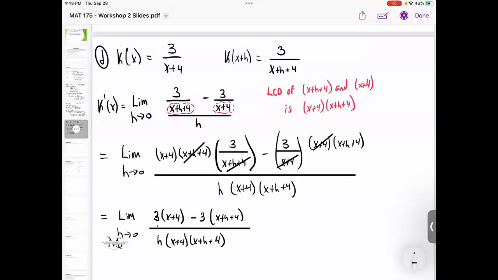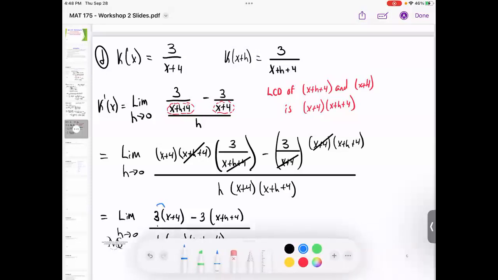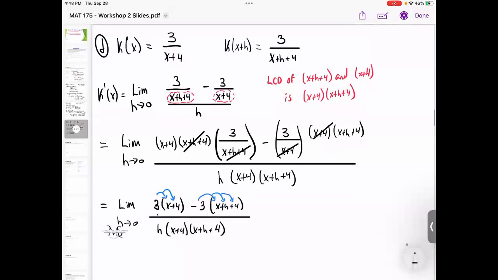All right, now what I need to do is try to simplify this numerator. So what I can do is distribute the 3 inside the first set of parentheses, and distribute the negative 3 inside the second set of parentheses.